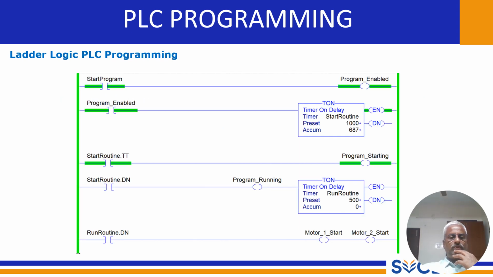So the ladder logic programming method is a graphical method. The symbols of various components of ladder logic, like a start button, stop button, relays, timer, timer on delay, timer off delay, counter, etc., are available as a library.